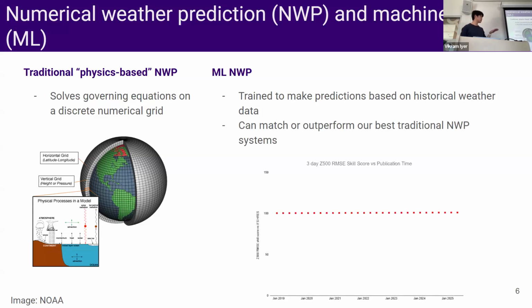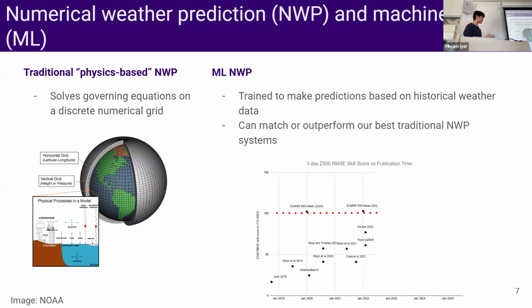To highlight this, I'm going to show you a plot of a bunch of different machine learning models for weather prediction with publication date on the x-axis and skill at 3 days for an important weather variable, which we call Z500. The details aren't important there, but it is relative to our best numerical weather prediction model, which we call the IFS. So a score of 100, shown in the dashed red line, means that we're matching the skill of our best traditional model.